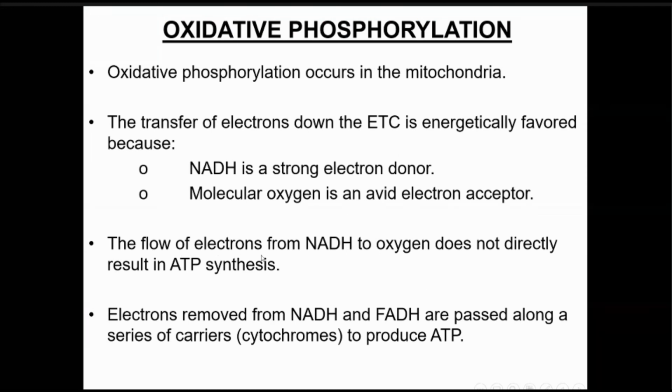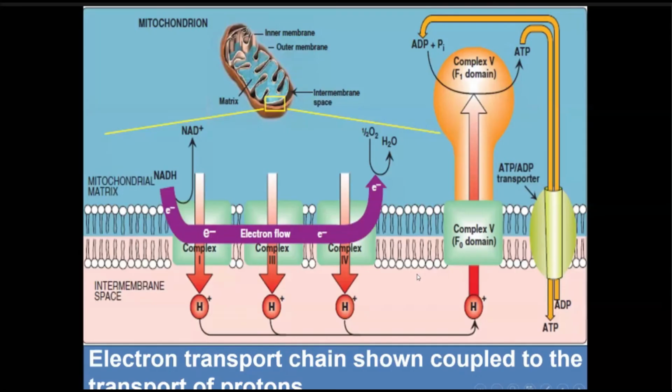The flow of electrons from NAD to oxygen does not directly result in ATP synthesis. Again, when this flow goes from here to here, does it automatically make ATP? The answer is no. It needs what we call phosphorylation, and this is the phosphorylation we are talking about.